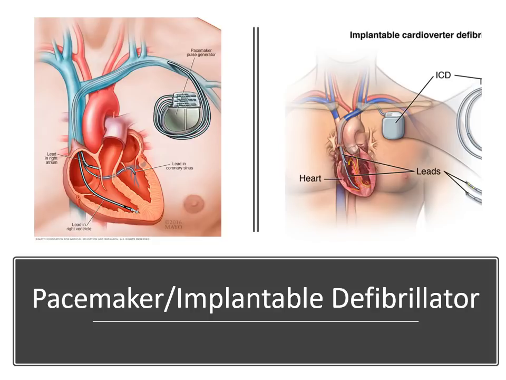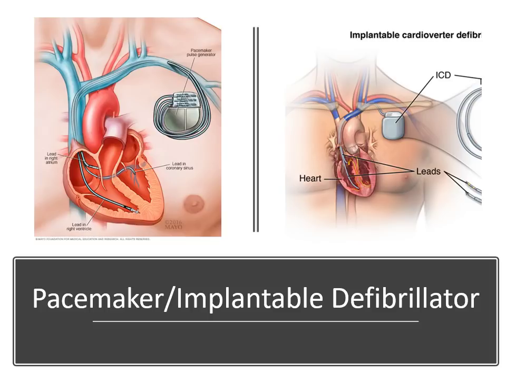So you've got the battery and you've got the leads. When I first learned about a pacemaker, what I thought about was how your car battery dies and you have to hook your car up to someone else's car, and they have those wires and they're able to jump your car. That's what these devices remind me of.